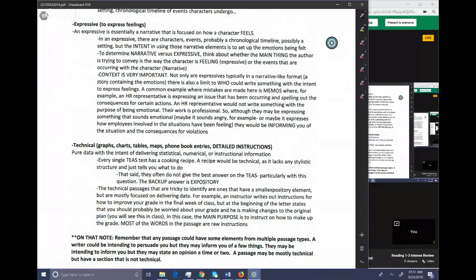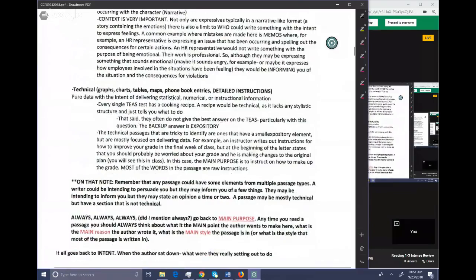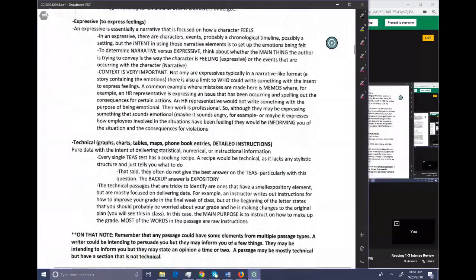You would have to have a very strong feeling that the story was only there to allow you to see the intense emotion that someone was having. They would have to talk a lot more about how someone was feeling than about the things that were going on with that person. And then one other note about expressives, and this is very important right here.